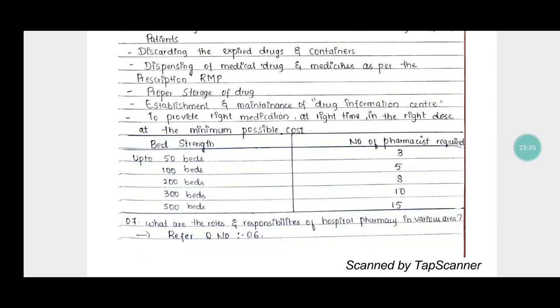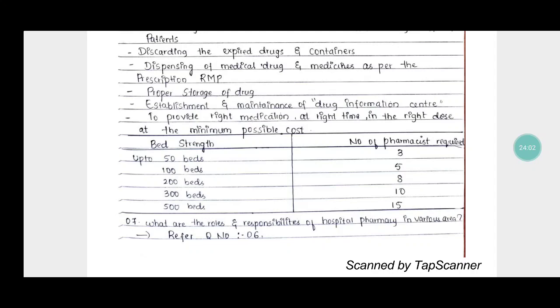Now the bed strength and the number of pharmacists required in the hospital pharmacy: up to 50 beds there will be 3 pharmacists, 100 beds 5 pharmacists, 200 beds 8, 300 beds 10, and 500 beds 15 pharmacists.